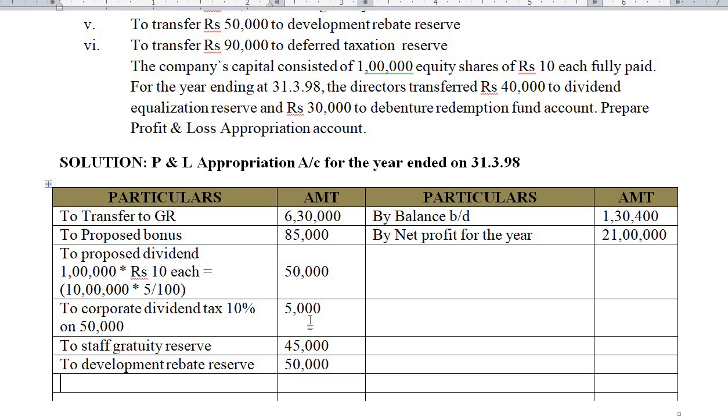After that, you can give to deferred tax reserve, which is 90,000.